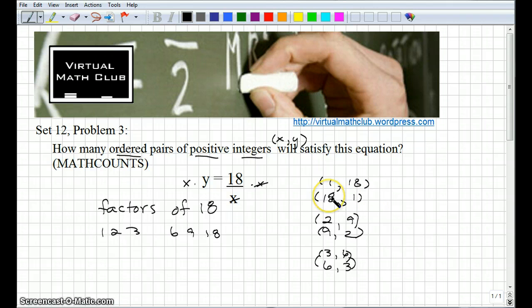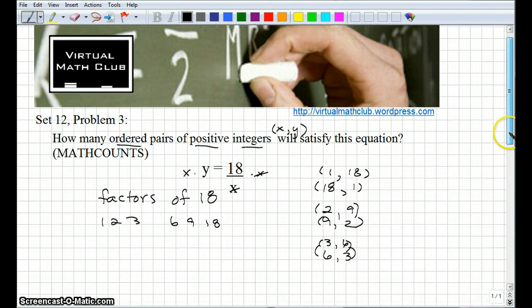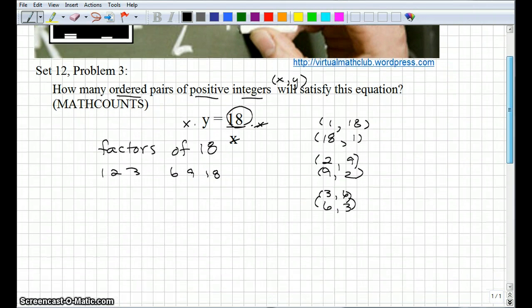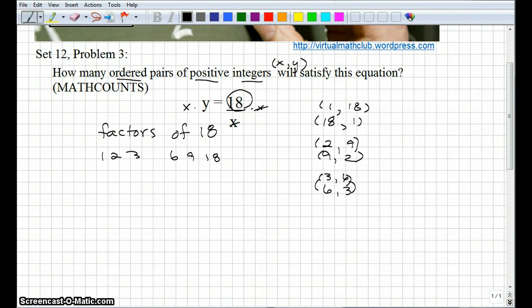Now there's actually a quicker way to count factors, and let me show you that way, because sometimes you have a bigger number. 18 is pretty easy to deal with, but if you have bigger numbers, it's a lot of work to list out all the factors, and it's really easy to miss factors. So let's look at this problem as a counting problem.